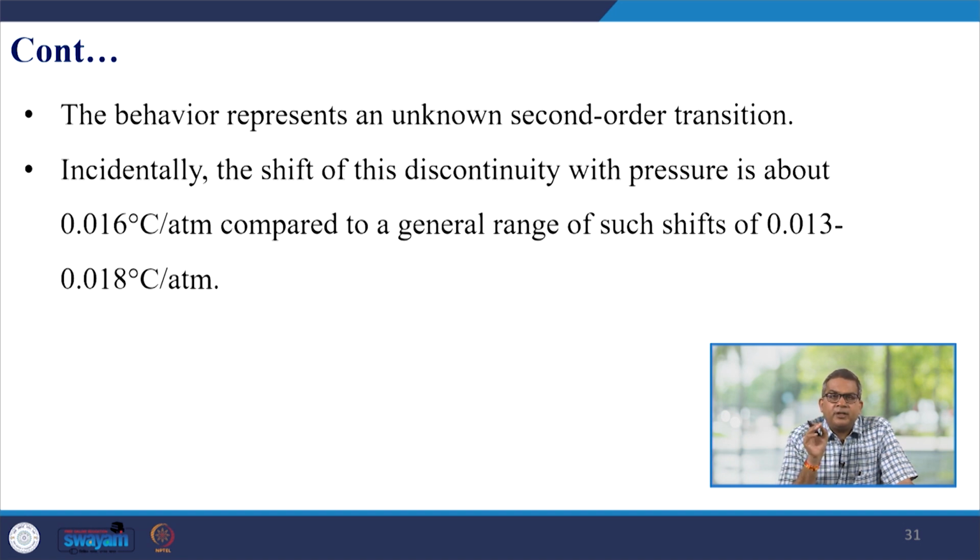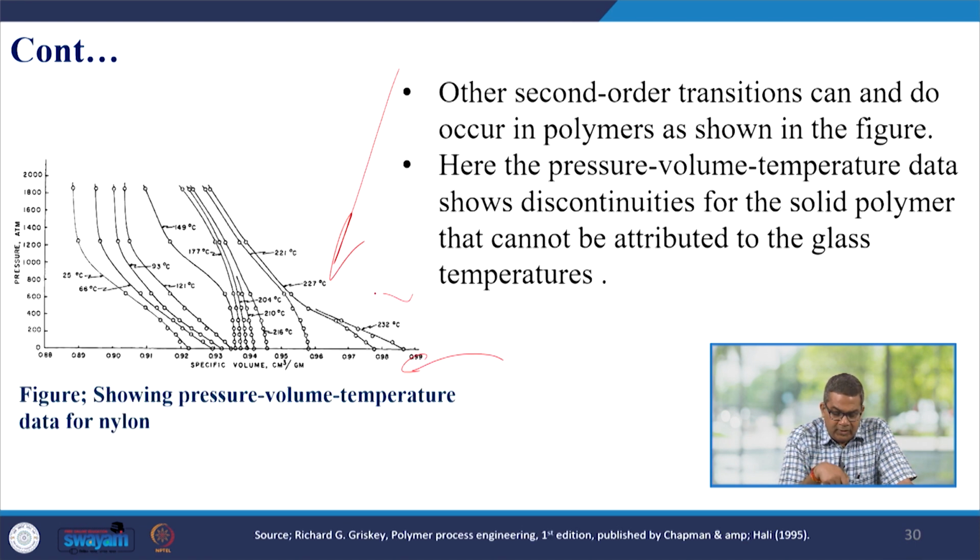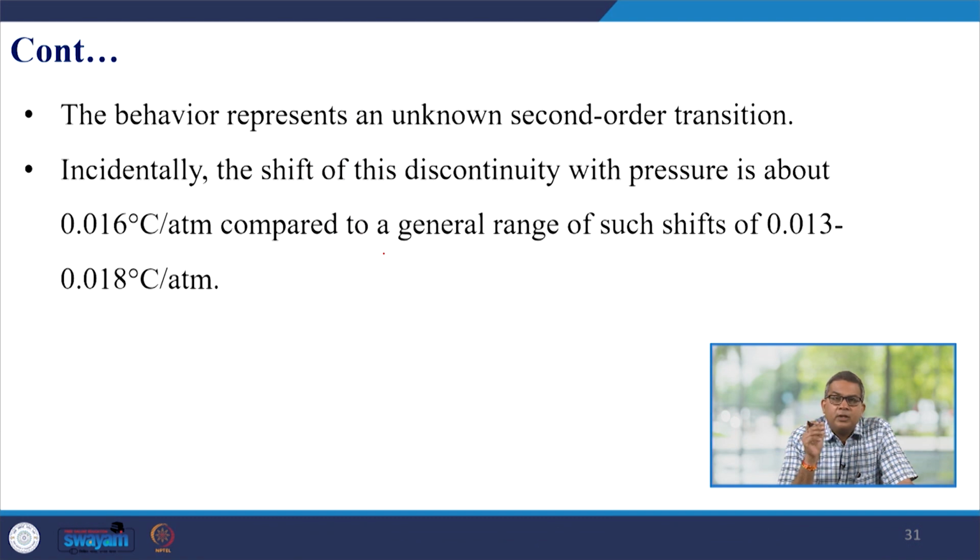Incidentally, the shift of this discontinuity with pressure is about 0.016 degrees Celsius per atmosphere, which is compared to a general range of such shift, say 0.013 to 0.018 degrees Celsius.